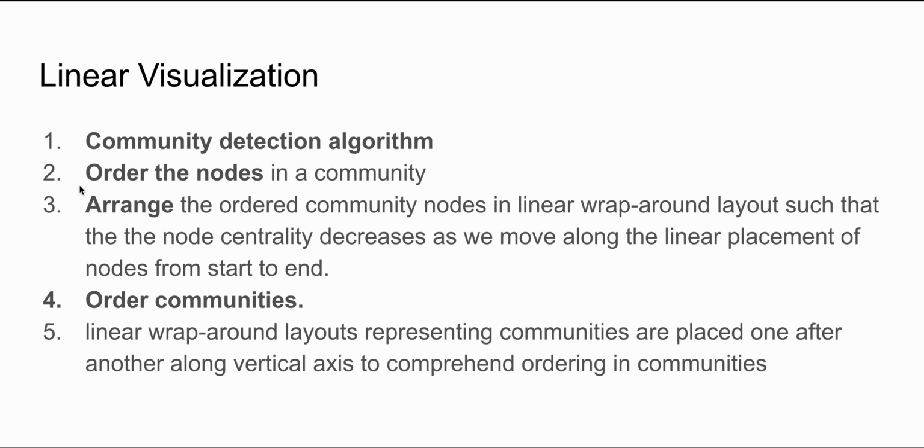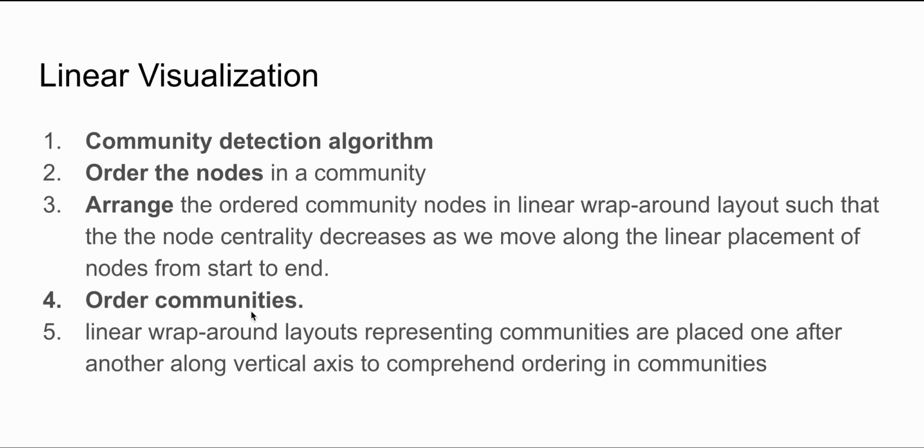Once we have the communities, we order the nodes in each community based on centrality, for example, degree centrality, betweenness centrality, eigencentrality, and closeness centrality. The nodes are ordered in descending order based on any of these centrality values and are arranged in a linear wraparound layout such that the position of the node along the linear wraparound layout represents the node centrality.